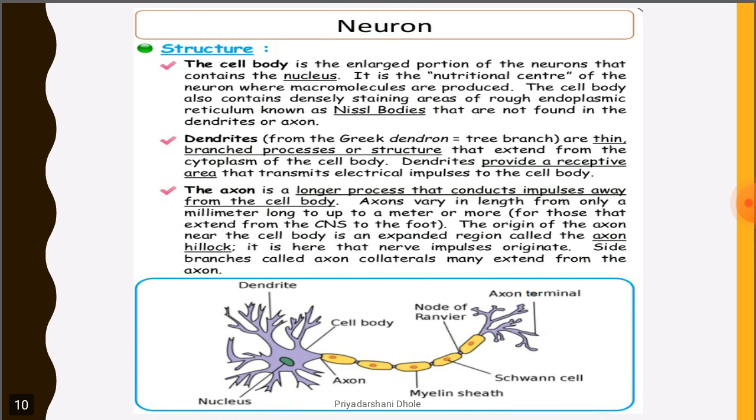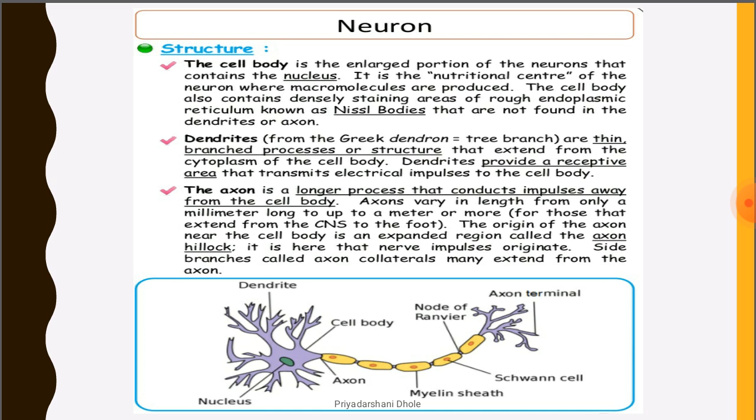This is the structure of a typical neuron. In this diagram you can see a green nucleus, surrounded by hair-like or tree-like branches called dendrites, and this is the cell body.